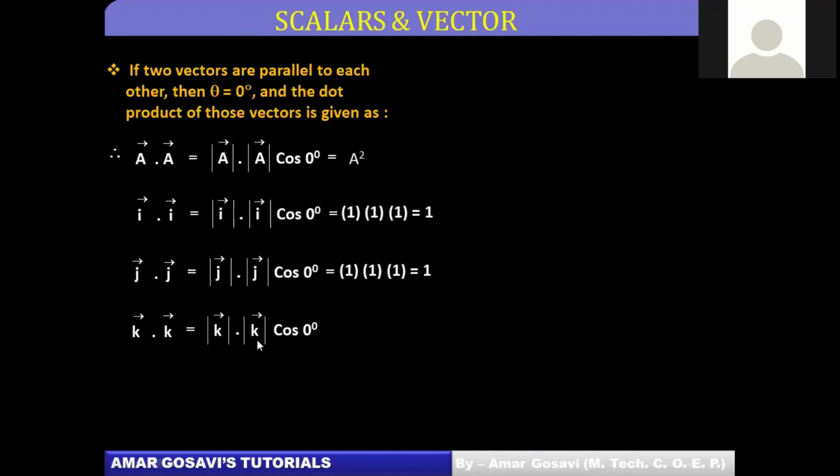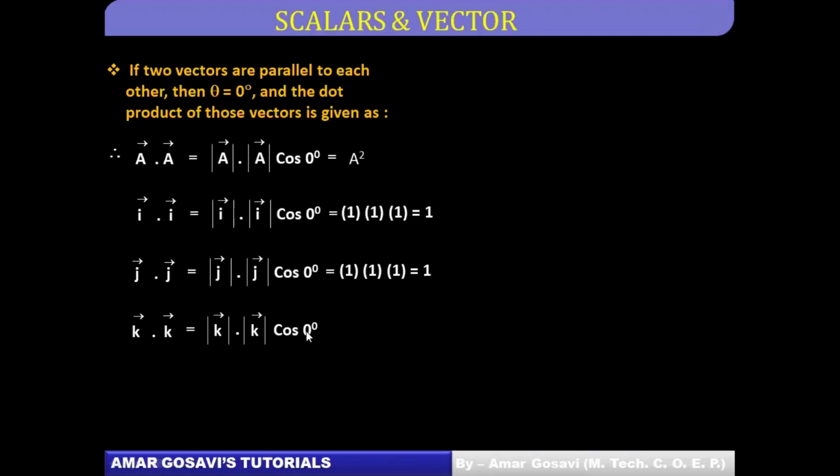So 1 multiplied by 1, and cos 0 is also 1. The dot product of k cap with k cap is 1 multiplied by 1 multiplied by 1, so ultimately 1.